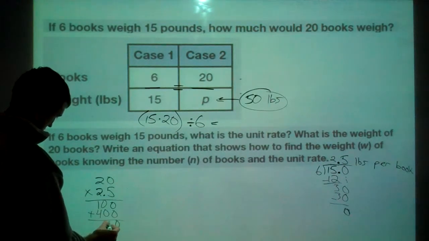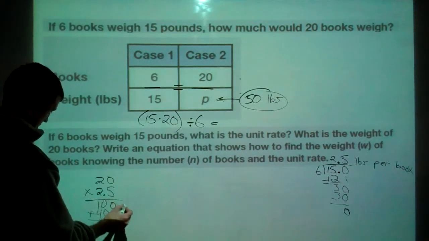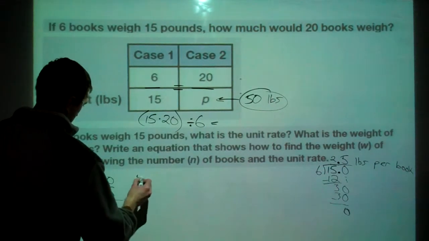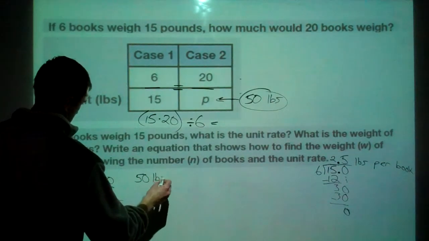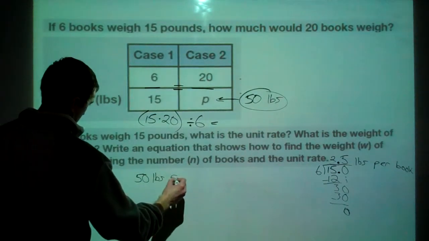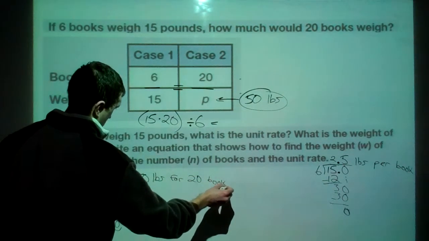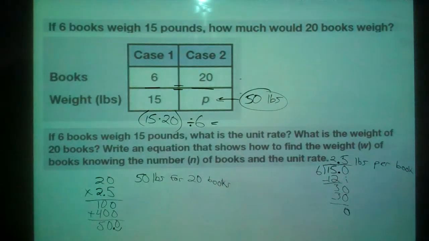Add those. We get 5, move your decimal over one space, and we still get 50 pounds for 20 books. Okay, so we still get 50 pounds for 20 books.